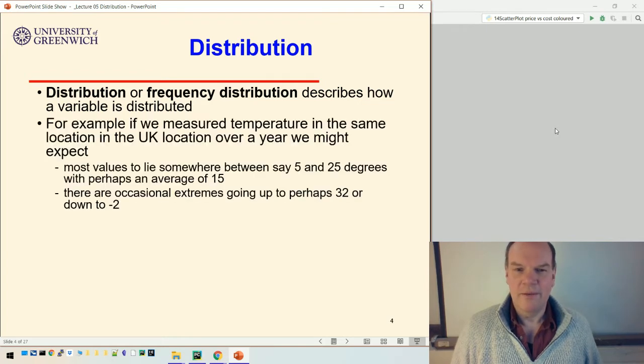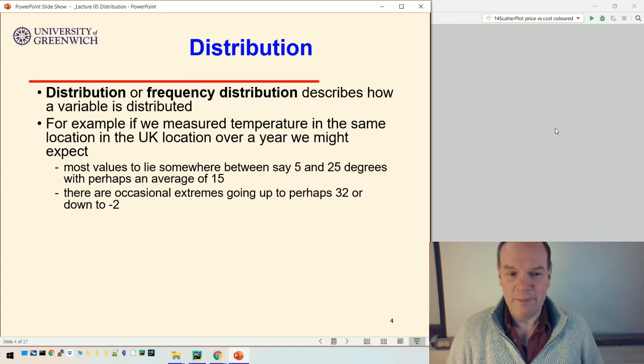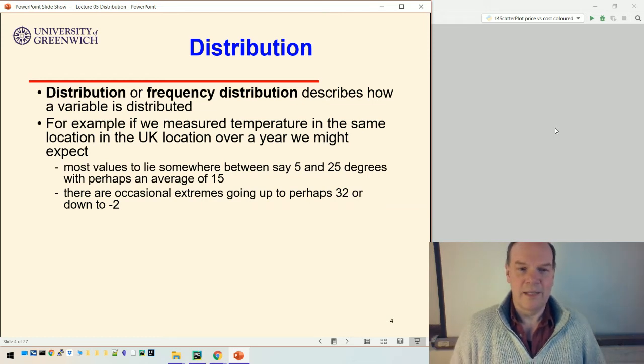If you imagine measuring temperatures in some location in the UK over a year, you might expect the values to lie somewhere between 5 and 25 degrees. We don't tend to get very hot weather in the UK. We don't often get very cold weather, but you might find that the values are somewhere between that, with an average of maybe 15.